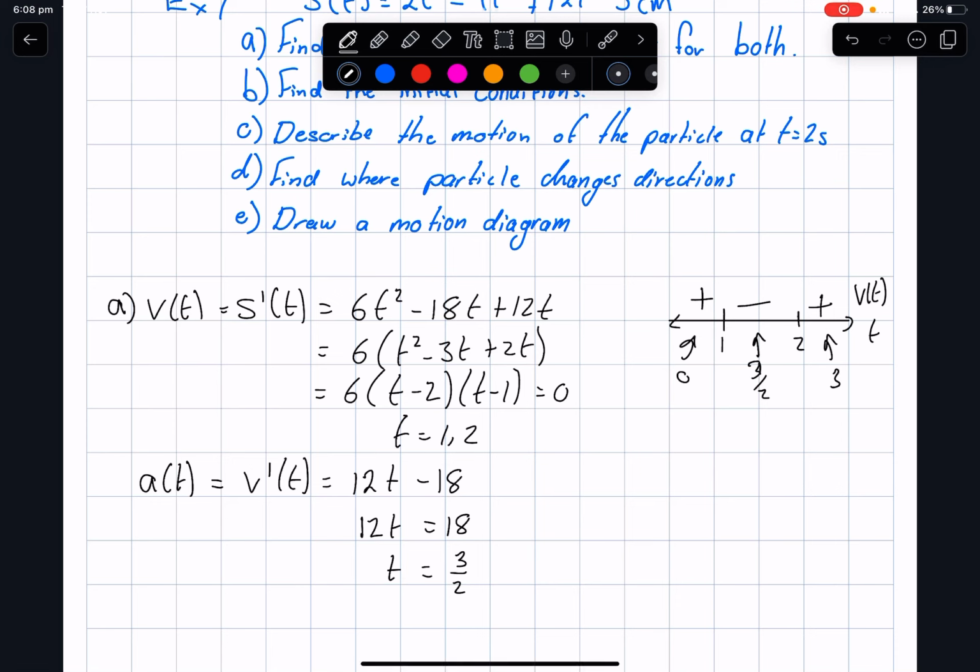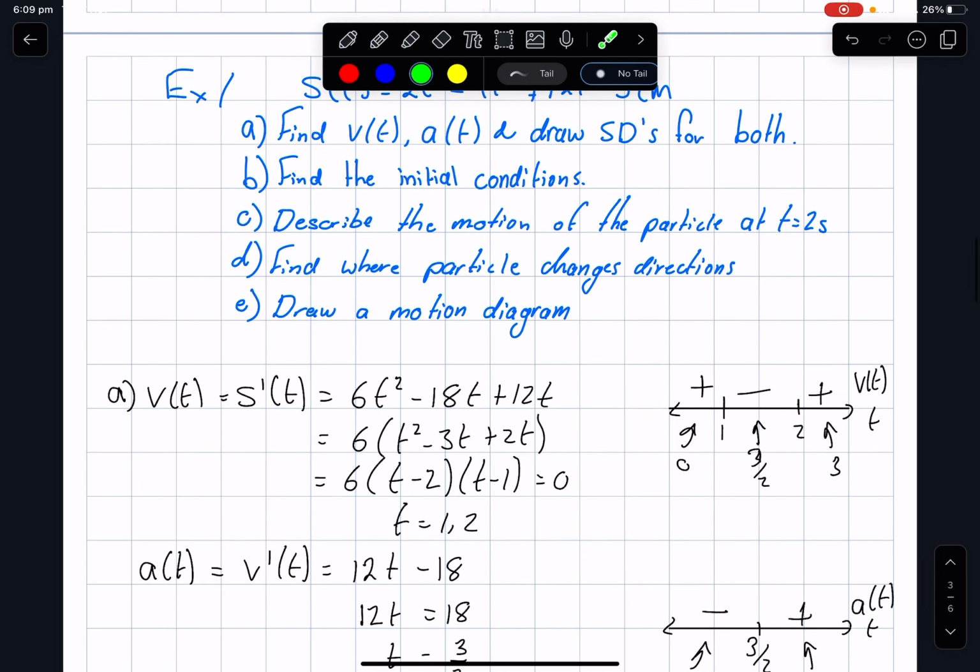All right, so let's now create my sign diagram for that value. Now this is my a of t. So 3 on 2. So let's put in 0 and 2. If I put in 0, I've got a negative. If I put in 2, I've got a positive, so there's my sign diagram. And that's part A done.